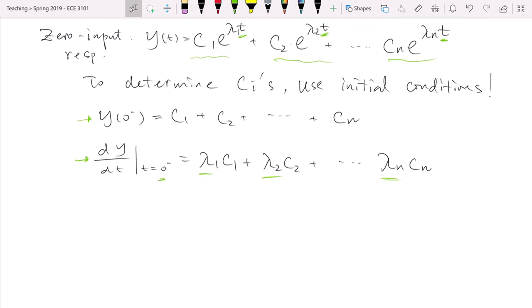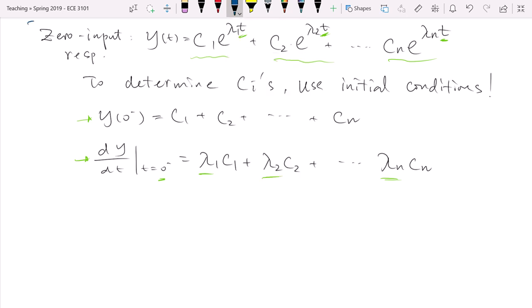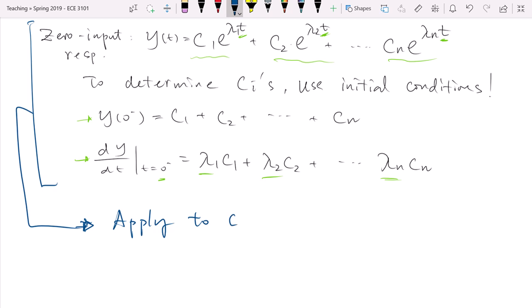Okay, so this is what we have discussed. Now, one thing to mention is that these things strictly speaking apply to the case where all lambda i's, so all lambdas above, are distinct.